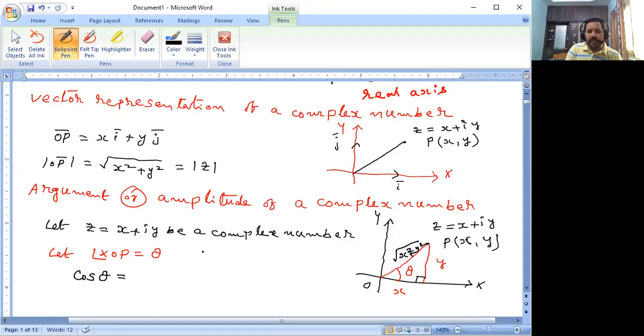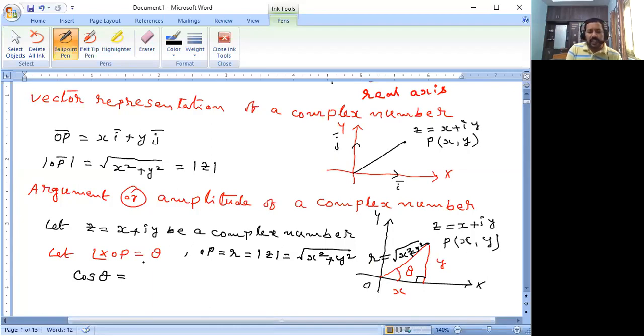Here OP we denote with small r. r means mod z, that is under root x square plus y square.